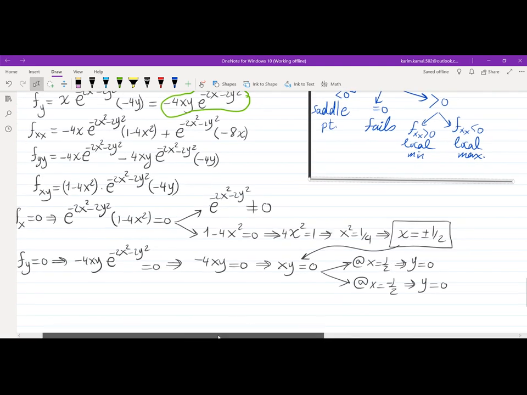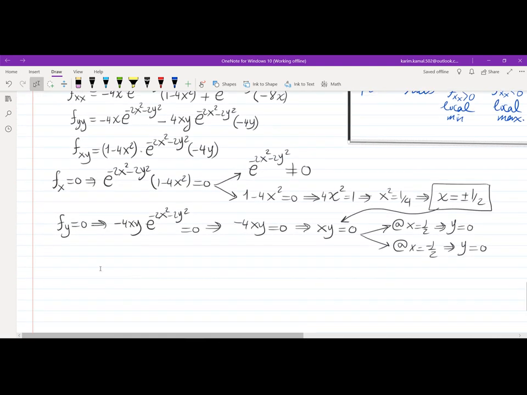And then as you see, the critical points are half and 0, and the second one, which is negative half and 0.